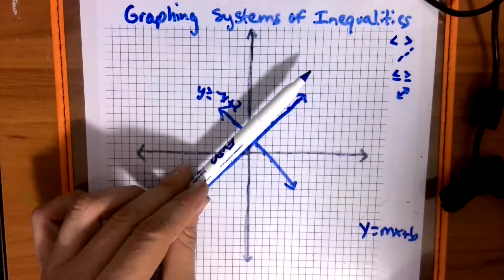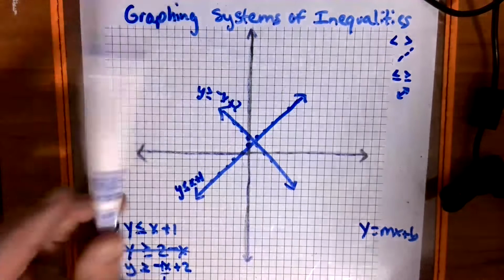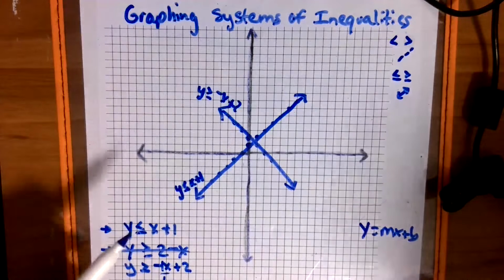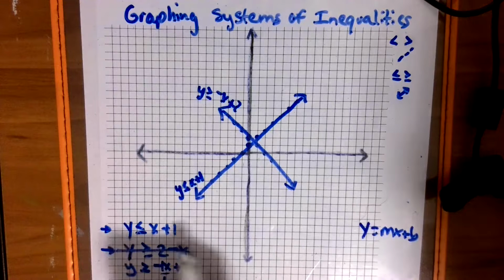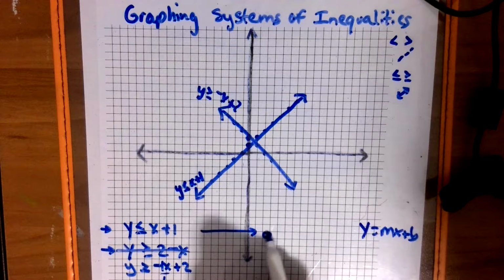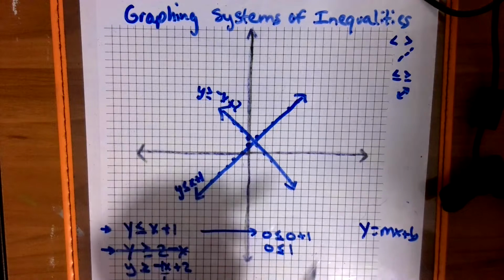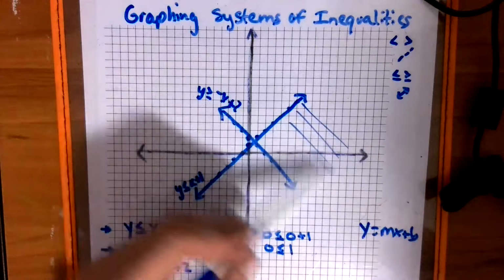But if 0, 0 doesn't, we shade all of this. Okay? Now, let's try it. So I'm going to go over here, and I'm going to substitute in the 0, 0. 0 less than or equal to 0 plus 1. 0 less than or equal to a 1. Is 0 less than or equal to a 1? Yes. So I'm going to shade all under that line.